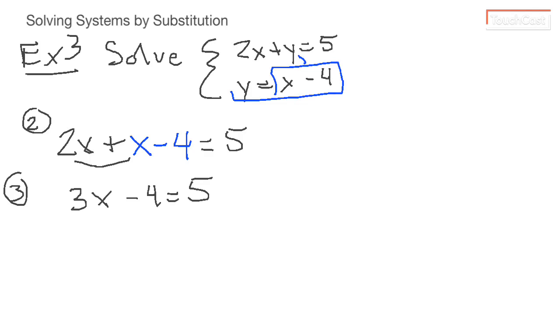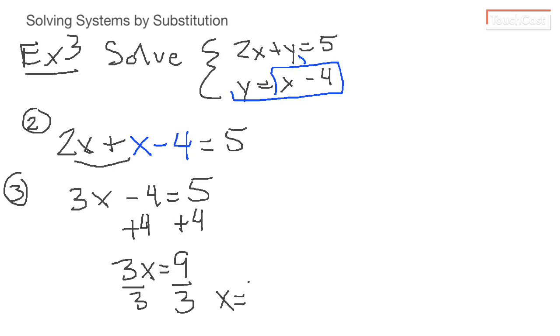Now to continue solving for x, I'm going to add 4, and I'm going to have 3x equals 9, and then I'm going to divide by 3. So I'm going to find that x is equal to 3 because 9 divided by 3 is 3.